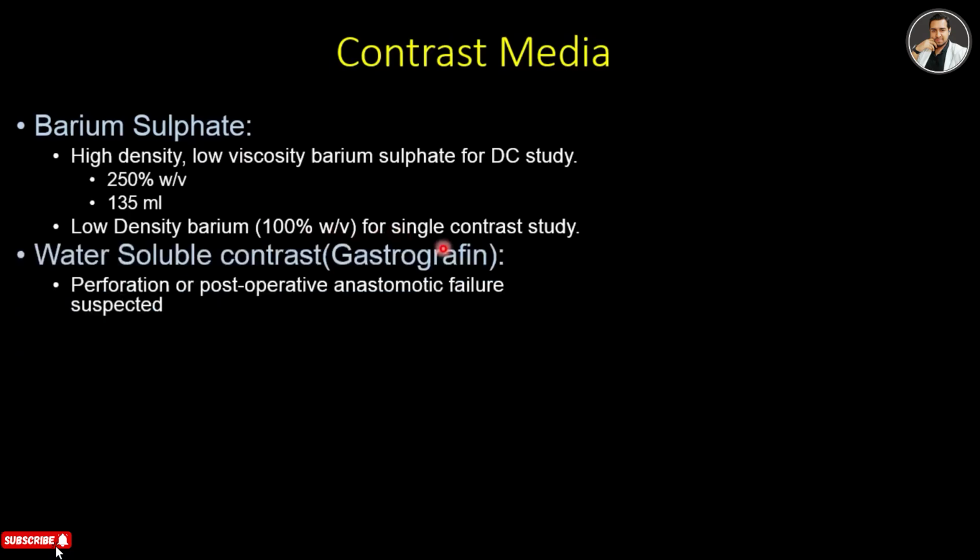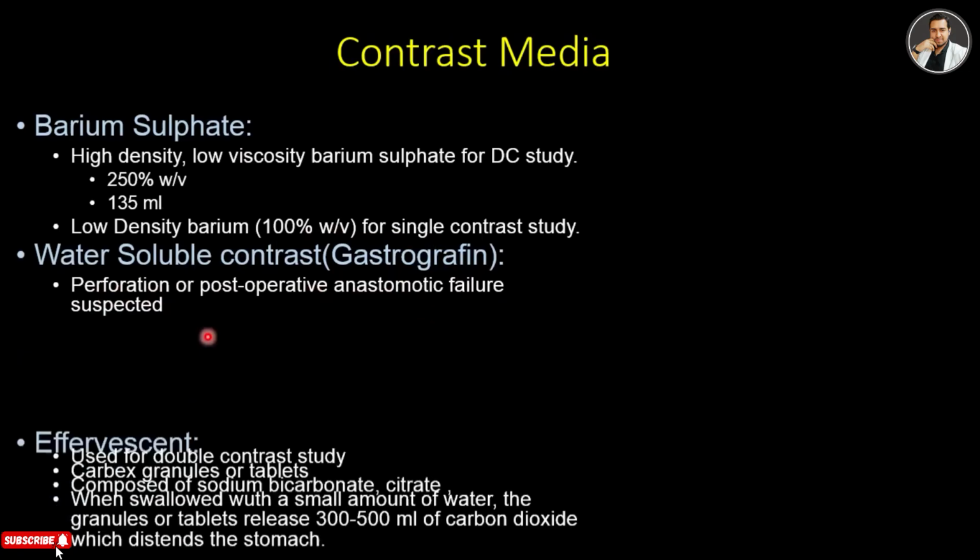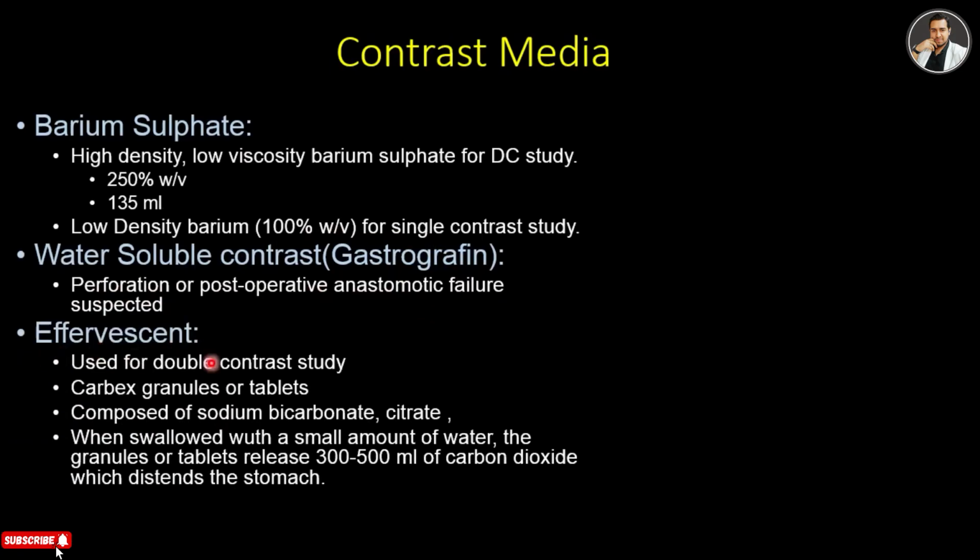And then sometimes water soluble contrast is used, and gastrografin is one of them. Water soluble contrast is used when perforation or post-operative anastomotic failure is suspected. And effervescent is used for double contrast study, and it's a gas producing agent.